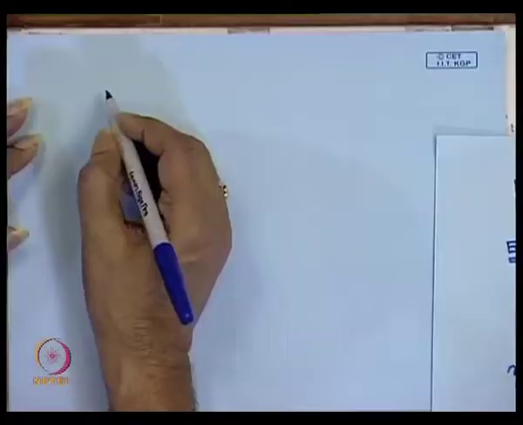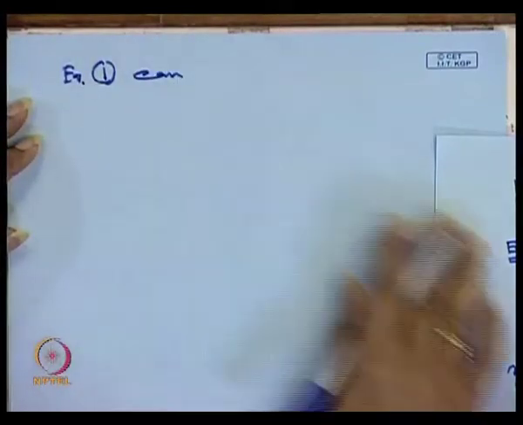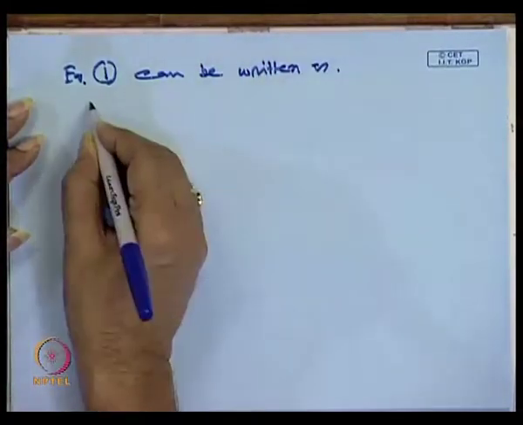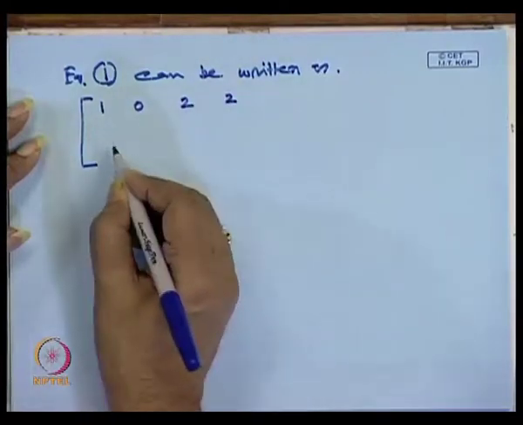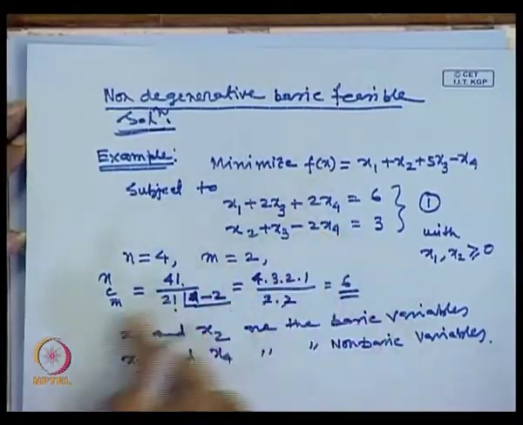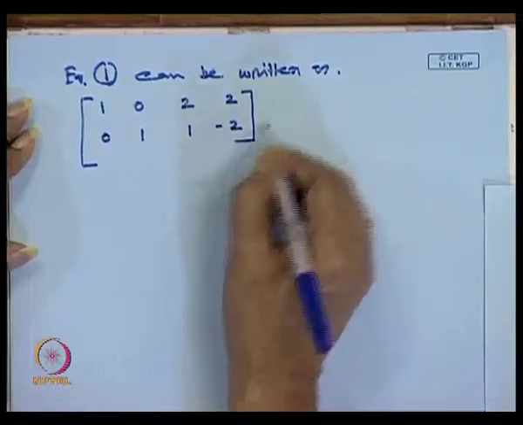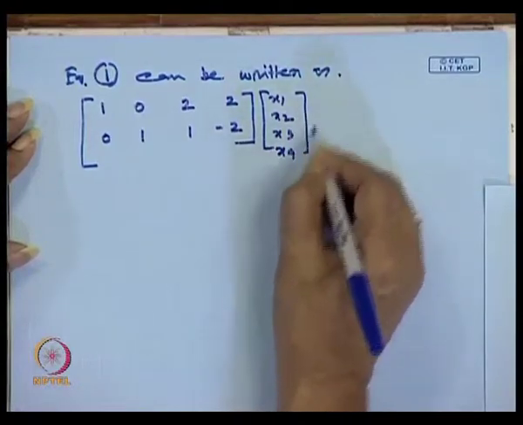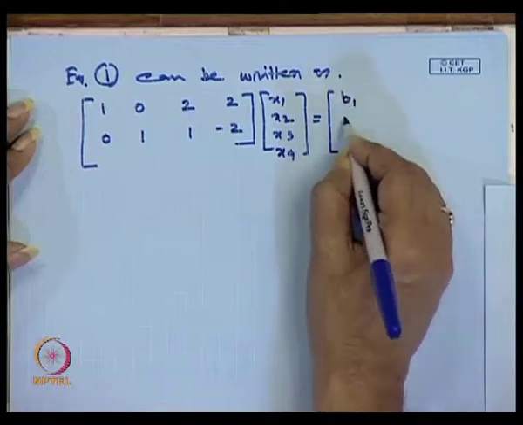Equation 1 can be written as A is 1 0 2 2, then 0 1 1 minus 2, into x1 x2 x3 x4, is equal to B, that is B1 B2.